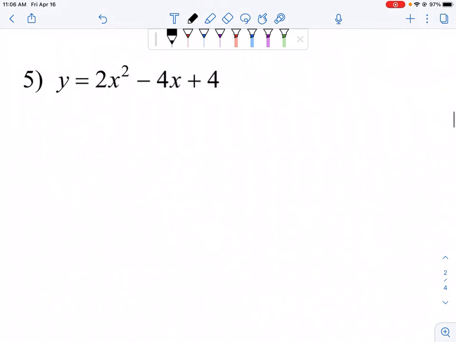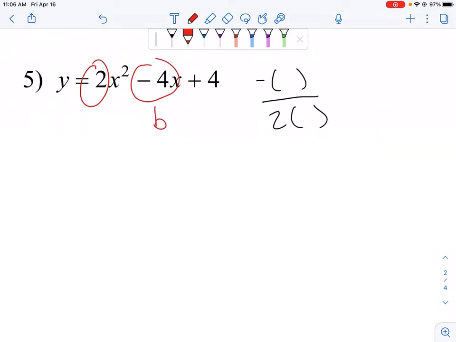The process is still the same, so we're still finding our negative b over 2a first. So here's my b, here's my a. So I'm going to say negative 4 on top and 2 on the bottom.